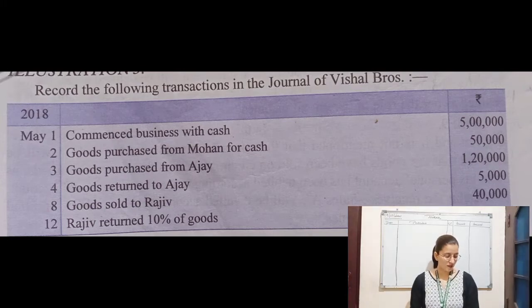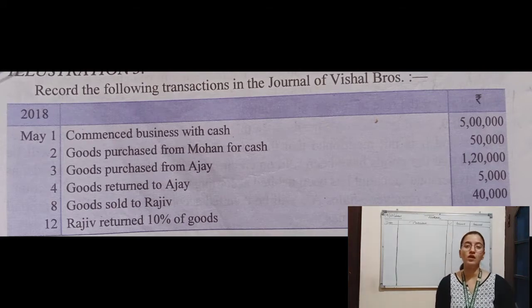Then 3rd May, goods purchased from Ajay rupees 1,20,000. 4th May, goods returned to Ajay rupees 5,000. 8th May, goods sold to Rajiv rupees 40,000. And 12th May, Rajiv returned 10% of goods. So we have to record all these transactions in the books called journal.